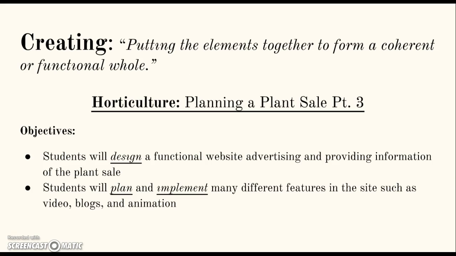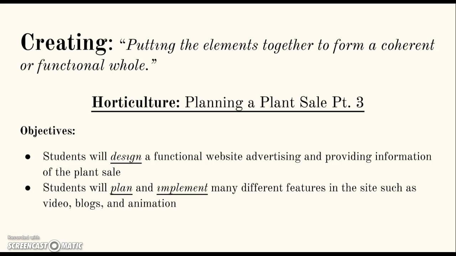So lastly, what is the creating aspect of Bloom's taxonomy? And this is putting the elements together to form a coherent or functional whole. So all the work of surveying and collaborating with others, gathering information, and finding out what the students are going to need for the plant sale.